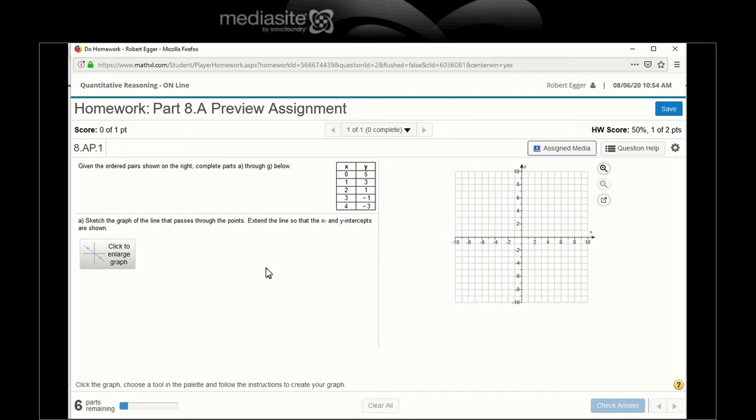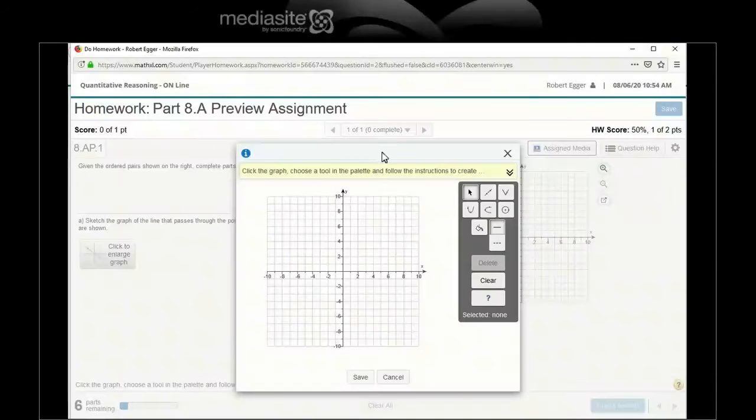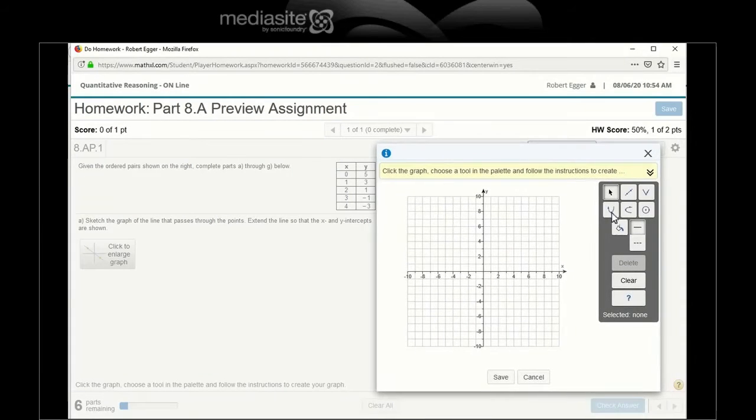So the first thing to determine is how to use the palette. This allows us to draw different types of lines.